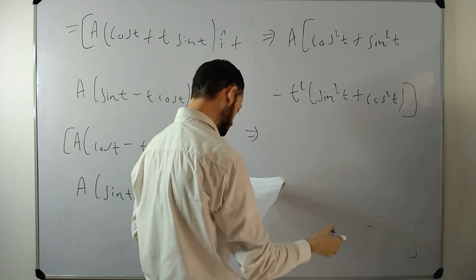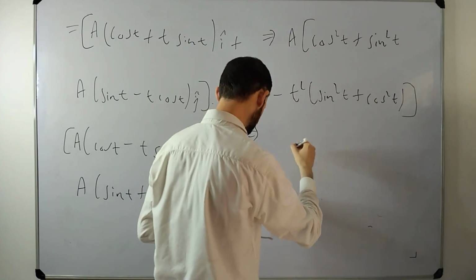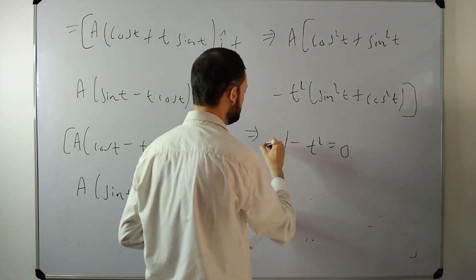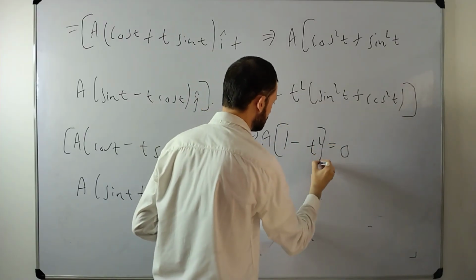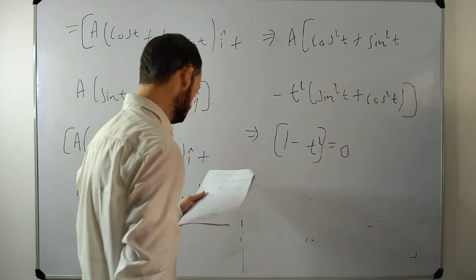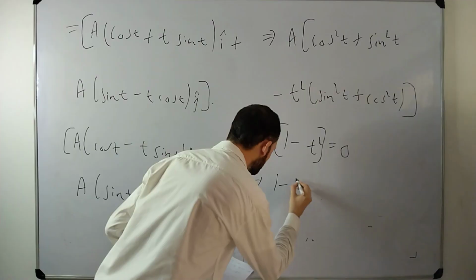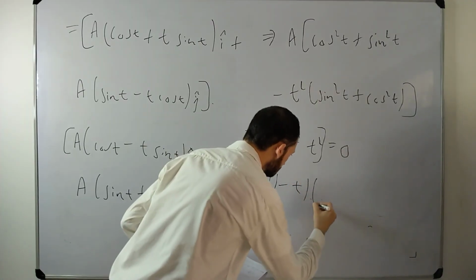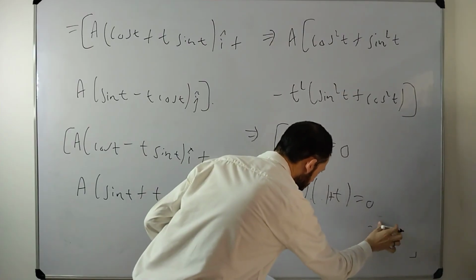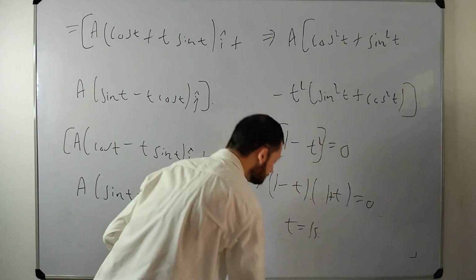This comes out to be A, which is a constant, and I neglected it, 1 minus t square is equal to 0. So for the perpendicular condition this comes out to be 1 minus t, 1 plus t equal to 0. So the only possible value is t equal to 1 second.